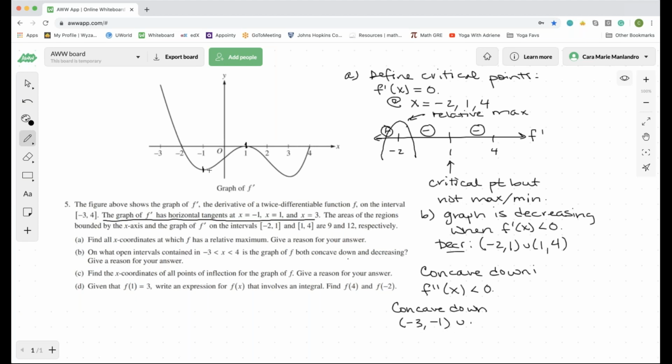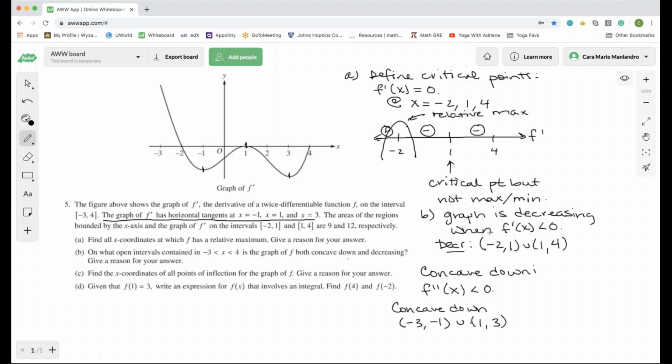I'm concave up from -1 to 1 because the slope of the derivative itself is going up. It's increasing. And then I am going back down from here to here, so I'm concave down again from 1 to 3. And then I'm concave up from 3 to 4.